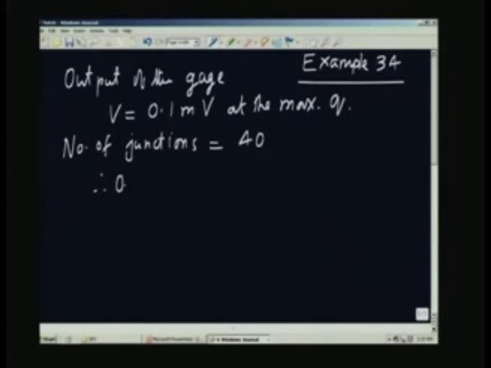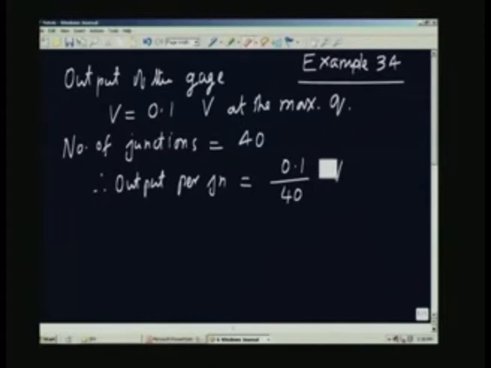Therefore, output per junction is 0.1 divided by 40 millivolt. I am sorry, this is 0.1 volt, not millivolt.